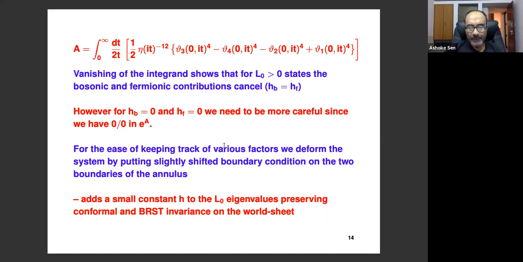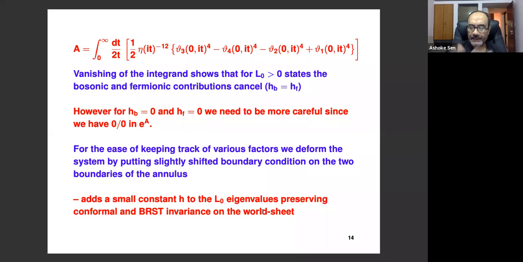But for the ease of keeping track of various factors, what we will do is that we will deform the problem by putting slightly shifted boundary condition on the two boundaries of the annulus. And the effect of this is to add a small constant h to the L0 eigenvalues that preserve conformal and BRST invariance on the worldsheet.